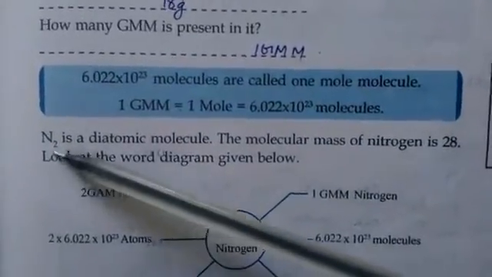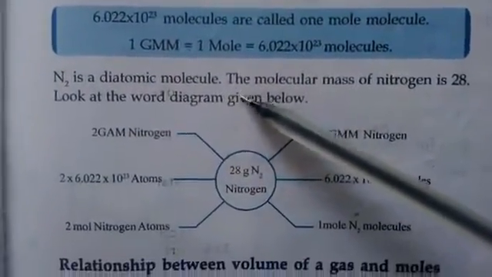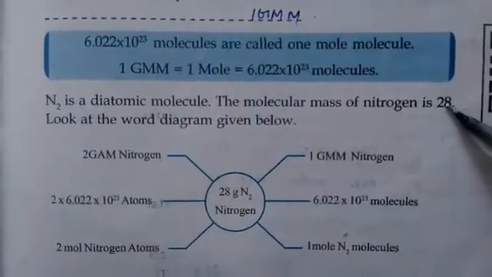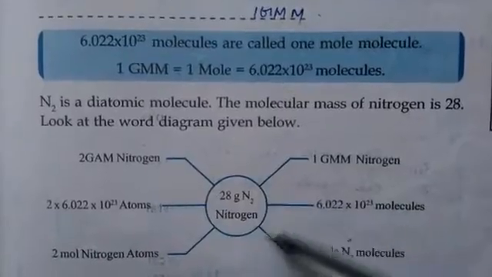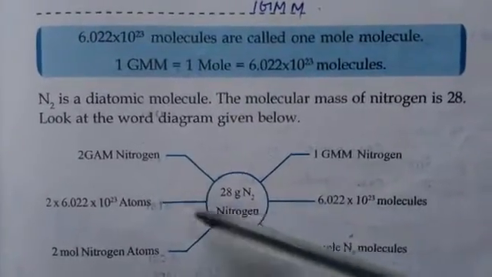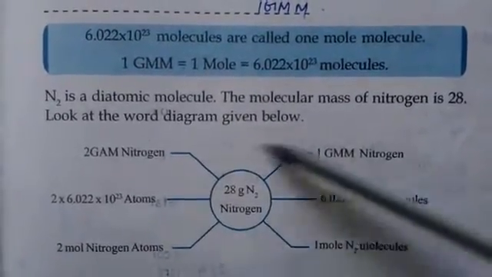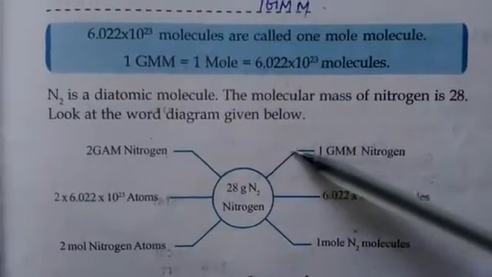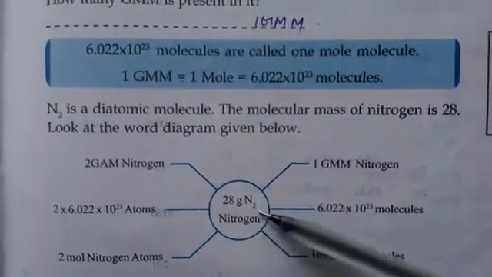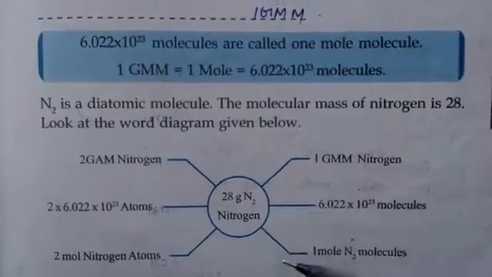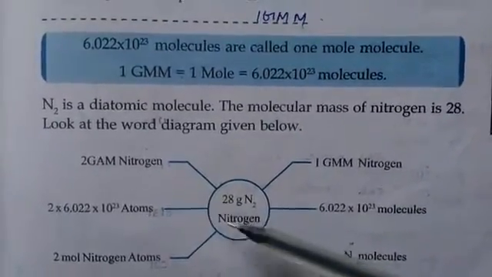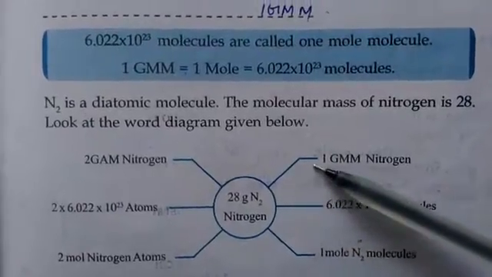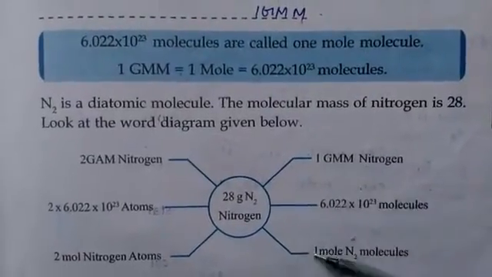Then N2 is a diatomic molecule. So the molecular mass of nitrogen is 28, you know. This 28 gram of nitrogen can be written in 6 different ways. You have to keep this in mind while doing the problems.